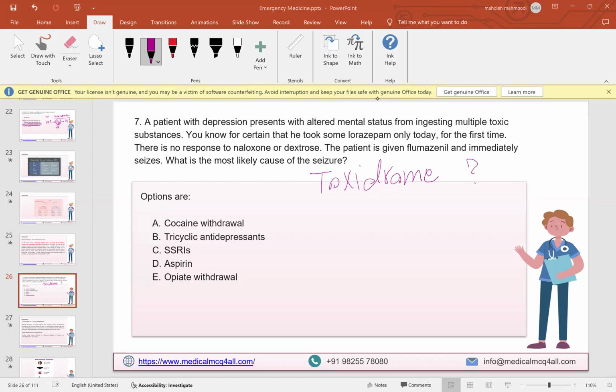Yes, can you tell me? Dr. Aksa? Toxidrome. Okay. You know what is a syndrome? Not toxidrome, just syndrome. This common word that we use every day, like 10 times in medicine. What is a syndrome?